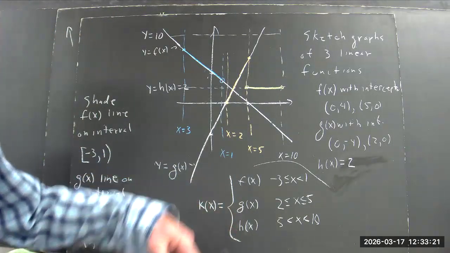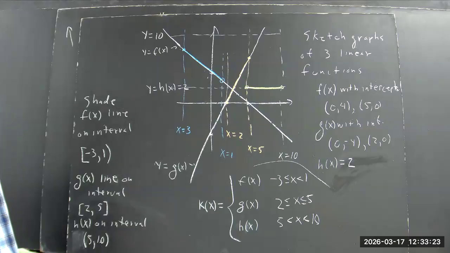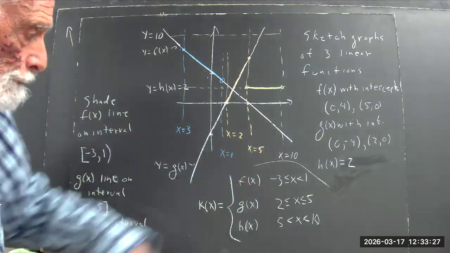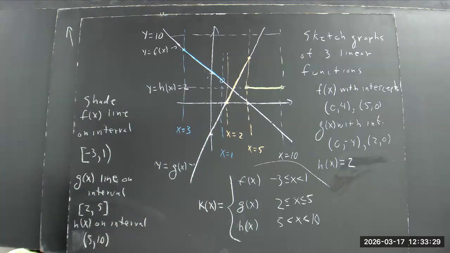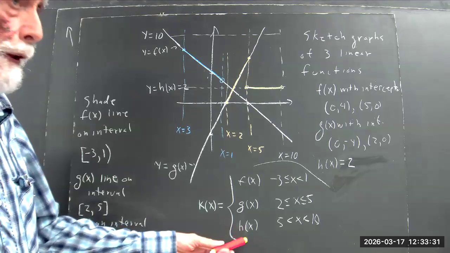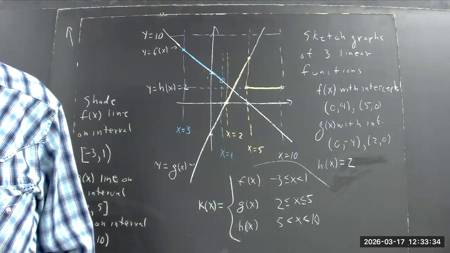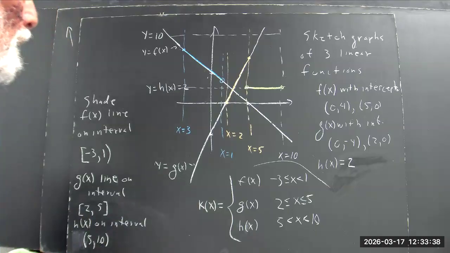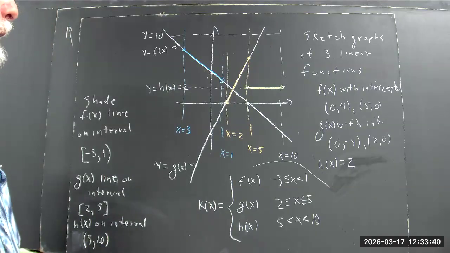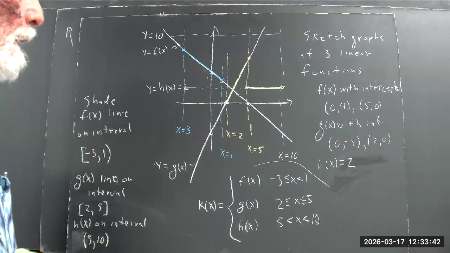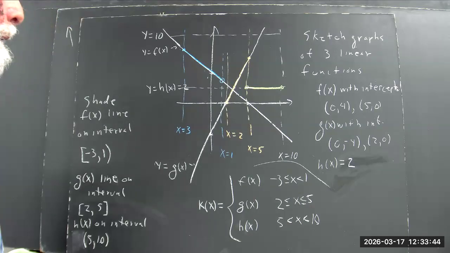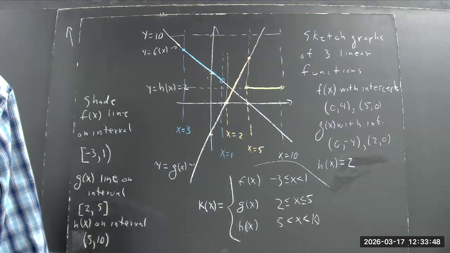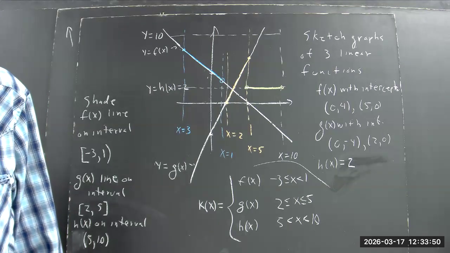Now I could write the formulas for these functions. You could figure out the formulas and fill in the values. h(x) would just be 2. f(x) would have a slope of -4/5 with a y-intercept of 4, so it'd be f(x) equals 4 minus 4/5 x.